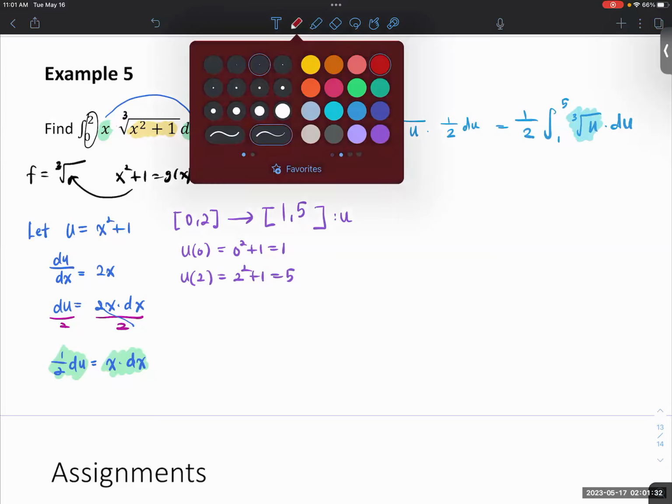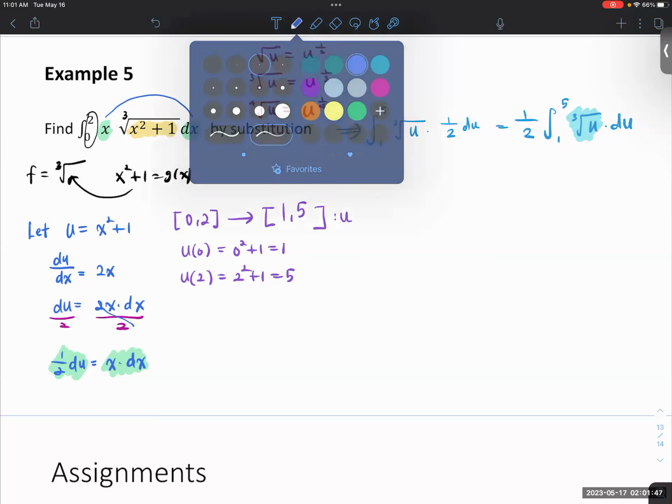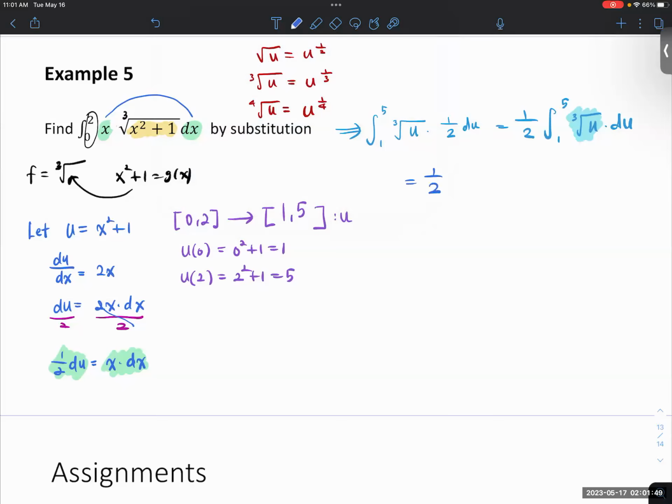We know radical u is u to the 1 over 2. The cube root of that is u to the 1 over 6, right? So we can keep converting it. This means 1 over 2, integral from 1 to 5, u to the 1 over 3 du. So they are going to be the same.